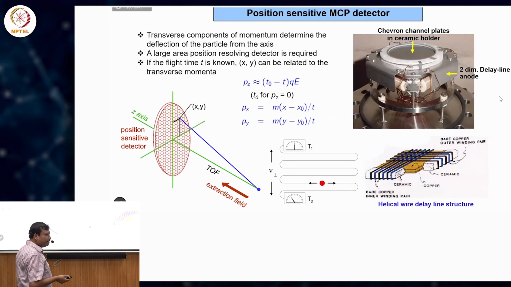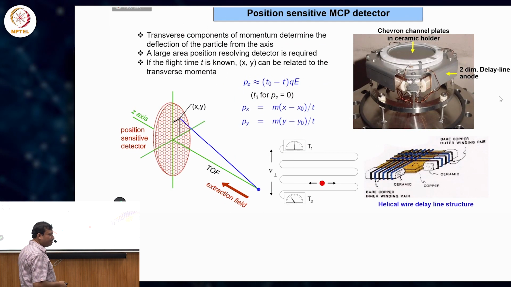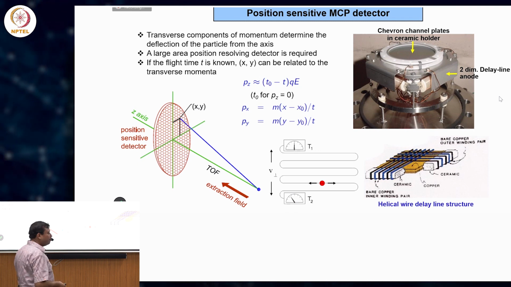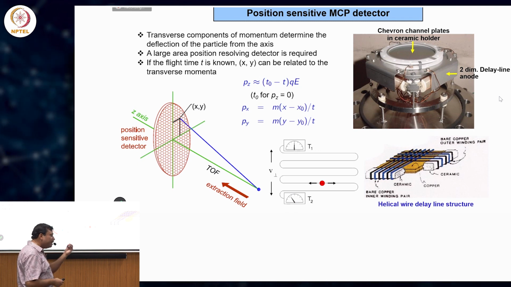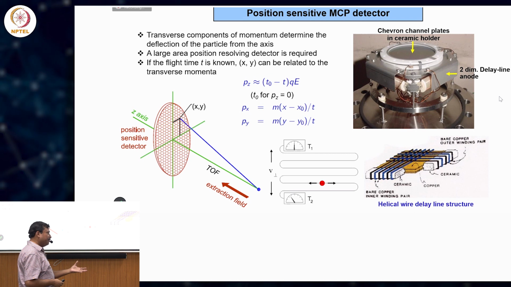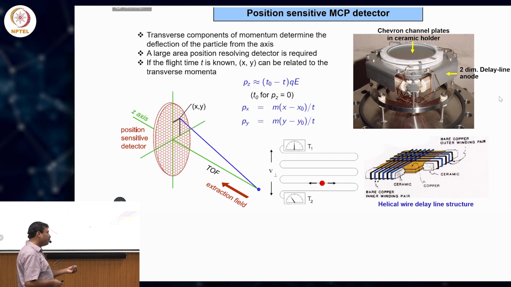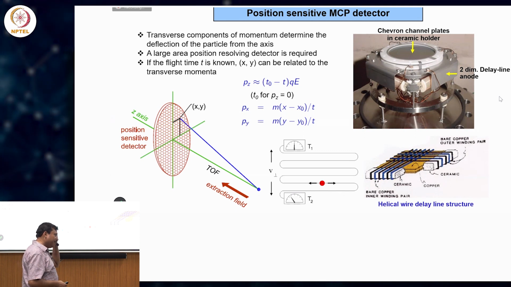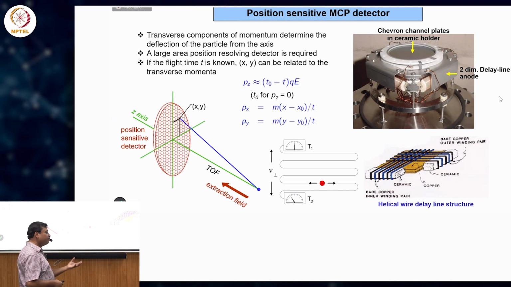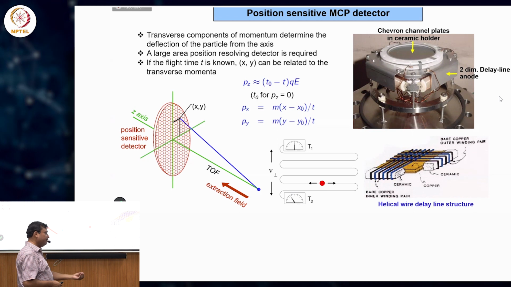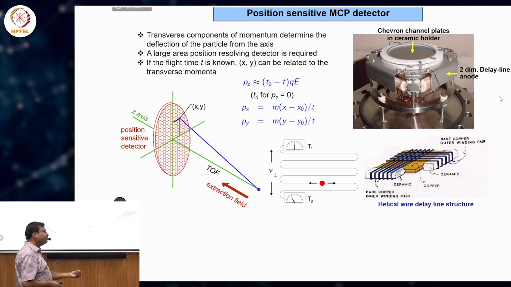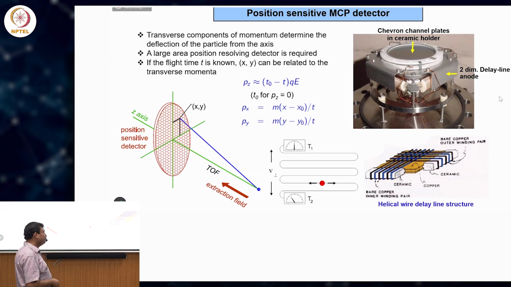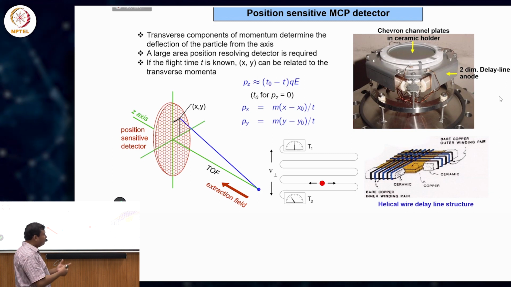UV photons are better detected, IR is also fine. But for neutrals, the whole point is that you have to initiate that one electron, so you need momentum. If the neutral is of very low energy, you probably cannot get that one electron coming out from the pore. But if you have high energy neutrals, you do. And if the neutral is excited, you can.